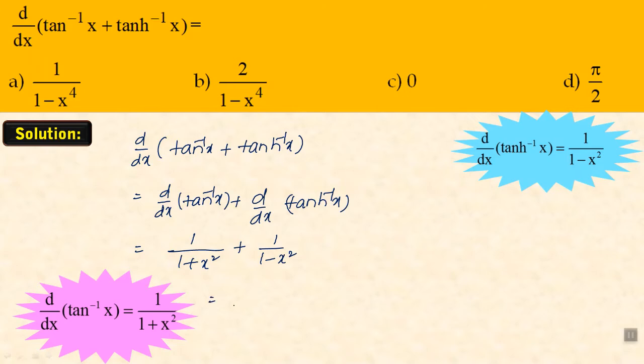This equals to, here LCM is 1 plus x square into 1 minus x square.